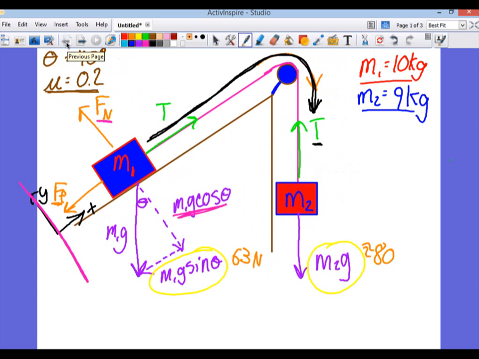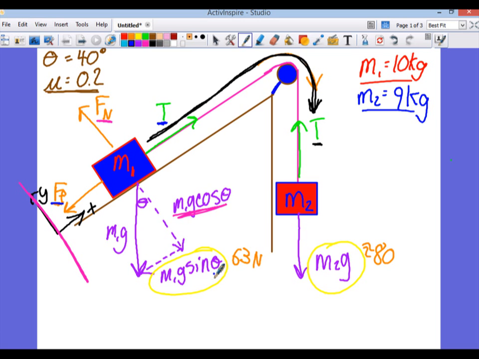So going back to look at my picture, let's see what forces I have. I have tension, and that's positive because it points in the positive direction that we have defined. And I have the force of friction, and that's negative because it's fighting us. It's in the opposite direction of motion. It points down the ramp.